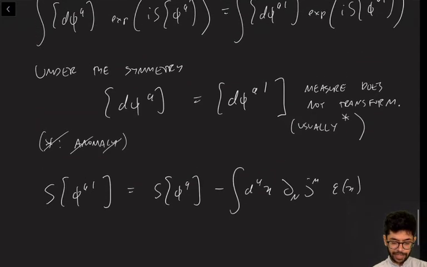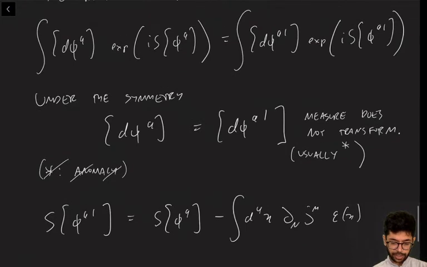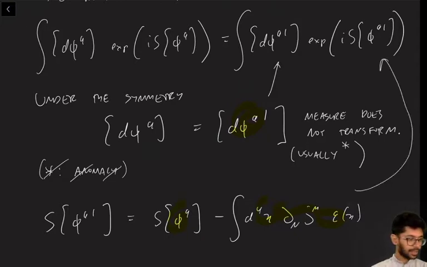So if I now take these two things, the fact that the measure does not transform and that the action transforms in a simple calculable manner, and I plug them in here, then I can write an expression of the following form.